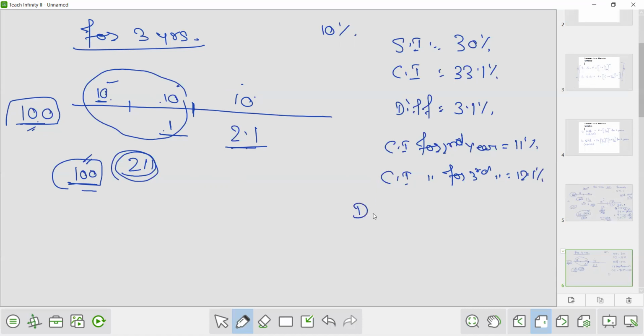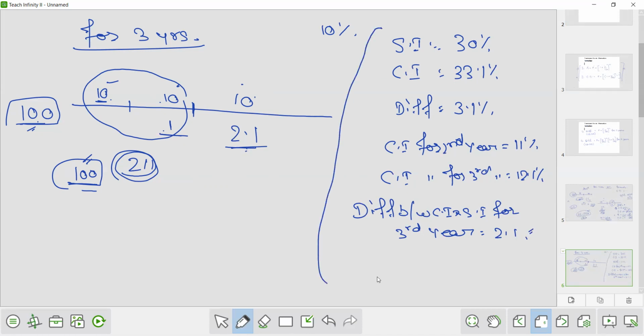Now you can find even what is the difference between compound interest and simple interest for third year. For third year, this is 2.1, because for the third year the simple interest is 10 and the compound interest is 12.1. The difference for the third year is 2.1. So you can find n number of results by this single concept.